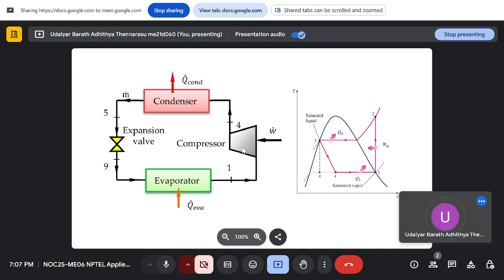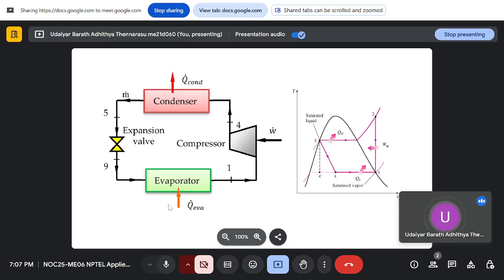That's where the condenser is, and you want to reject heat to the ambient, so keep it outside. And inside we have an evaporator and the expansion valve. So we can relate this VCRS to your air conditioner.